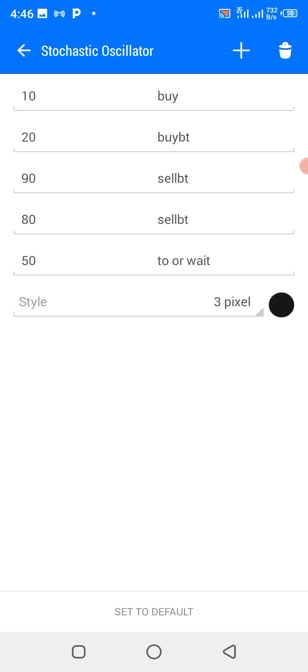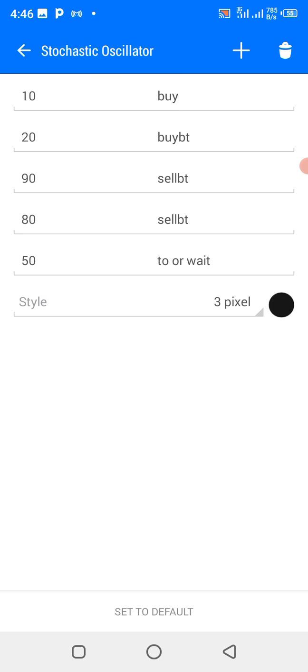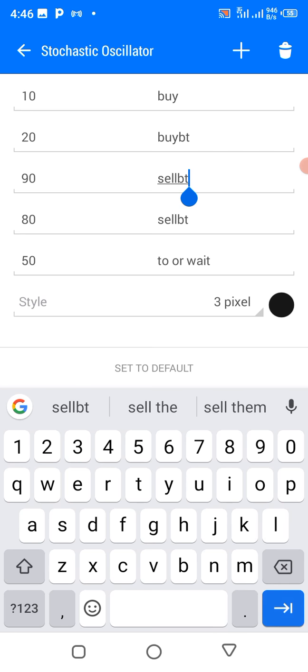That BT means between. So if the Ichimoku comes at level 20 or between level 20 and 10, what do you do? You buy. If Ichimoku comes at level 90, what do you do? You sell. It's normal sell. And if it comes at level 80, you also sell, or between level 80 and 90 you also sell.